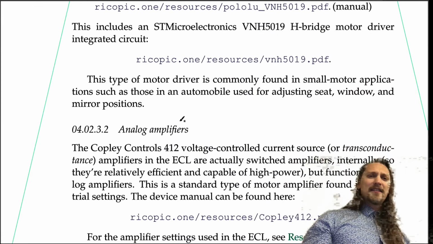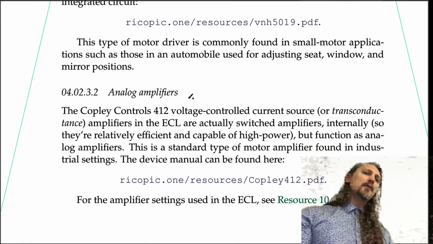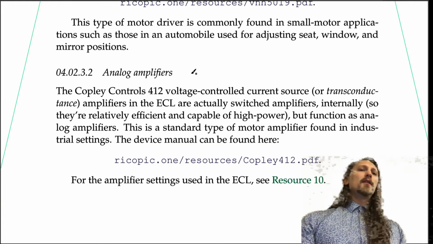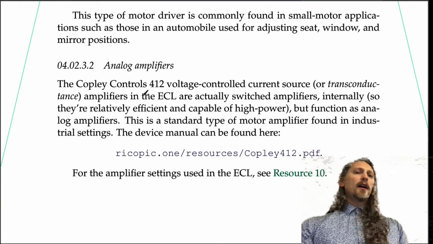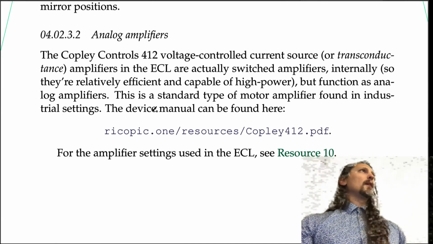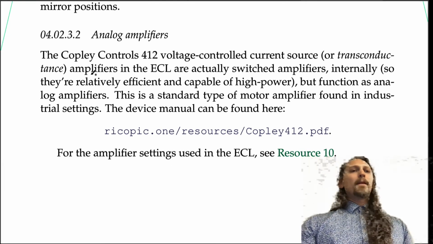Great. So that's the one that's in the lab. We're mostly going to be using this analog amplifier instead, but I want to try to work in some digital amplifier stuff later on. So this one's actually kind of both.